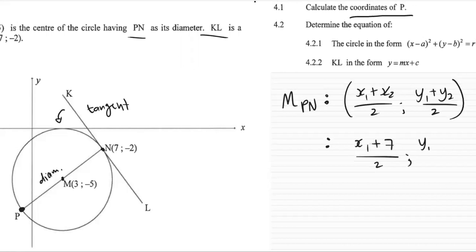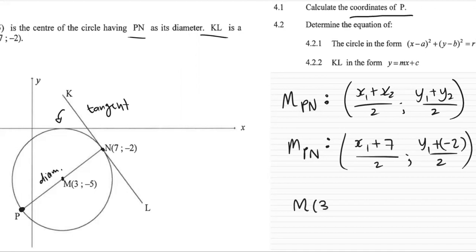And our y1 plus minus 2, all divided by 2. So this is our midpoint of PN. But we also know that the midpoint is M. The point M (3; -5) is in fact the midpoint of PN. So it's equal to the midpoint of PN.